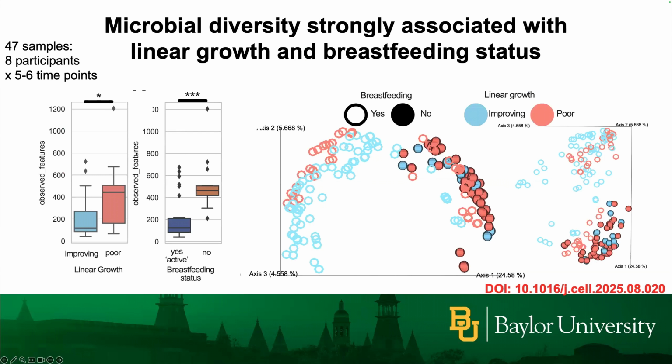So we applied this broadly to the data set, and we found that the overall microbial diversity in children with poor linear growth was higher than in those with improving or good linear growth. This was also associated with breastfeeding status, and these associations were significant for both alpha diversity and beta diversity, meaning compositional differences in the microbiomes.